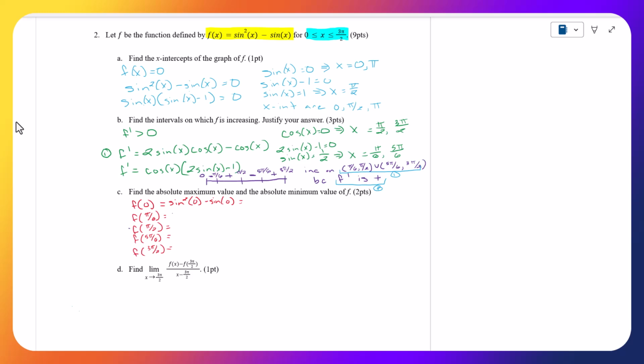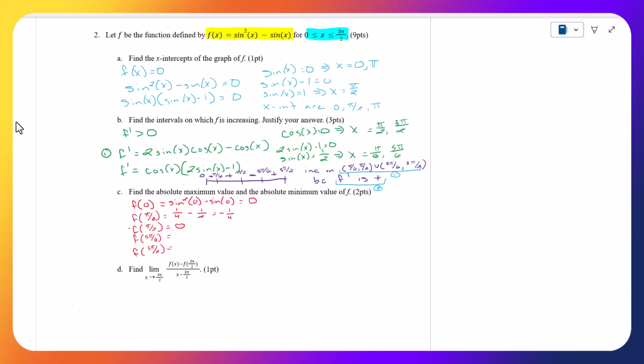F of pi over 6, this is 1/2 squared, which is 1/4, minus 1/2, which is negative 1/4. That's that one. Pi over 2, sine is 1, 1 squared is 1, and 1 minus 1 is 0. 5 pi over 6, this is going to end up being the same thing as pi over 6 because sine is the same at pi over 6 and 5 pi over 6.